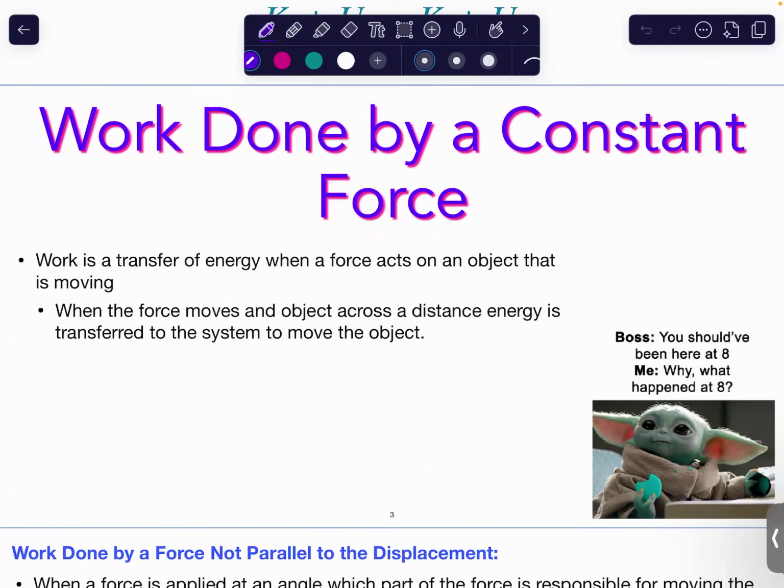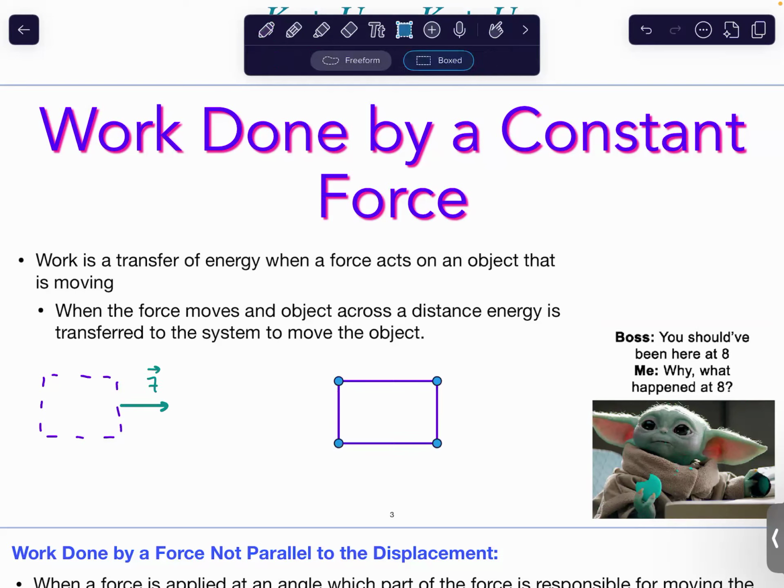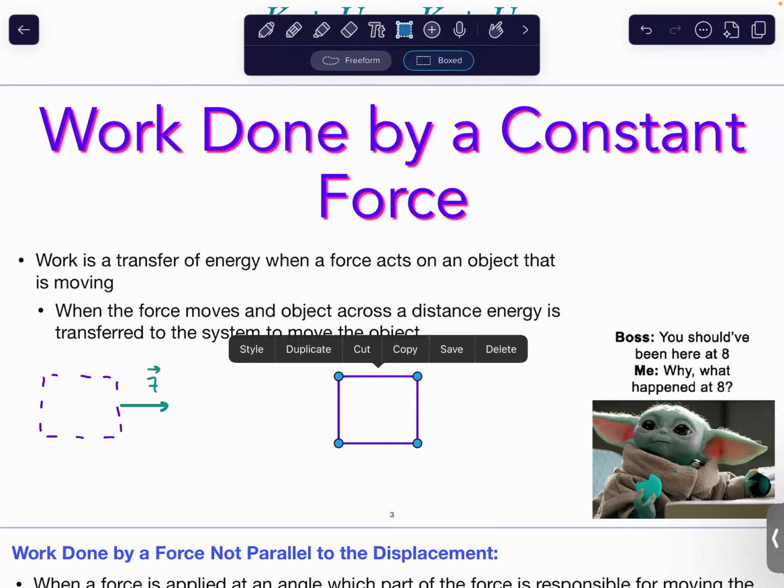Okay, work done by constant force. So let's think about this. Let's say we have a box. It starts here. We push it with the force, and it ends up over here.